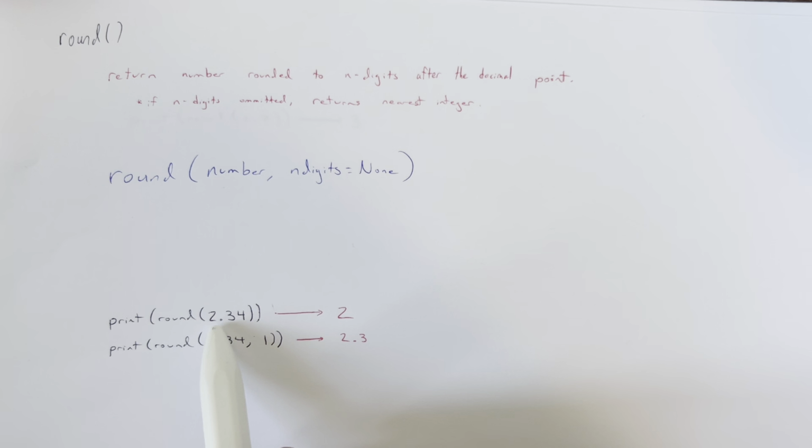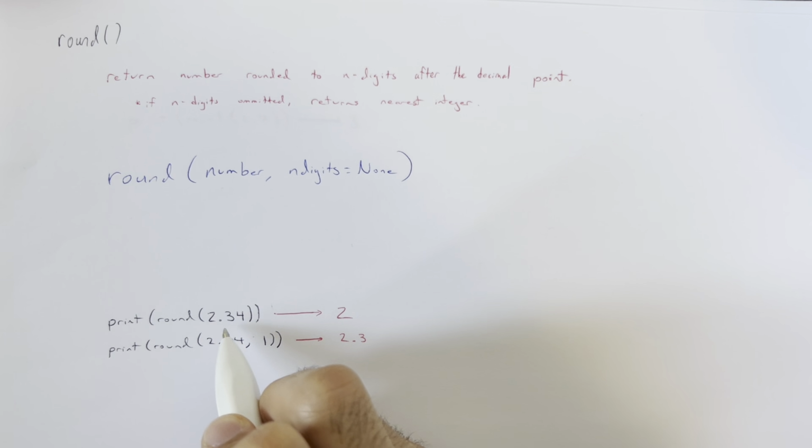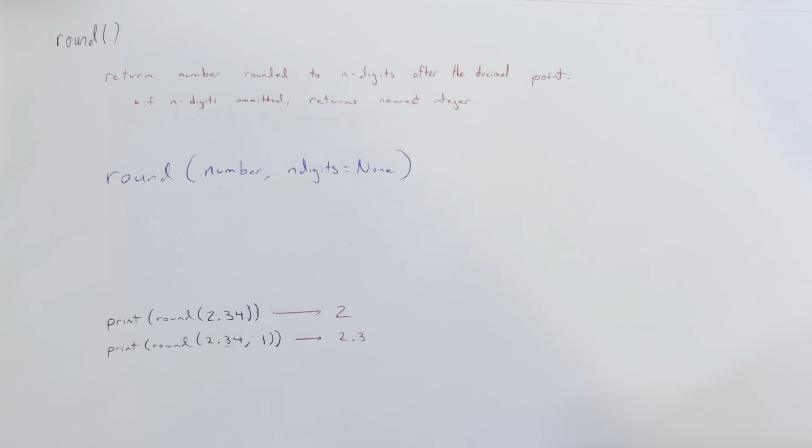So round 2.34 rounds to 2. 2 is the closest integer to 2.34, because to evaluate how close it is to an integer, you can just look at the first decimal. If it's less than 5, then we round down. If it's more than 5, which it is not here, then we round up to the next integer.